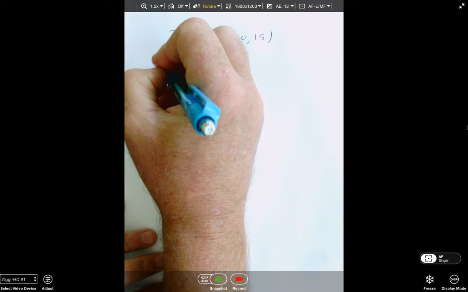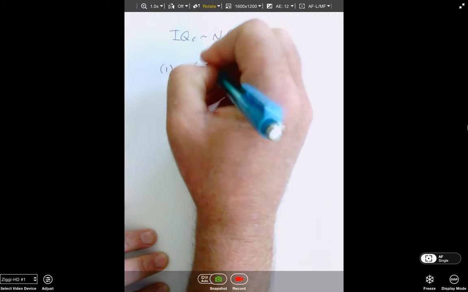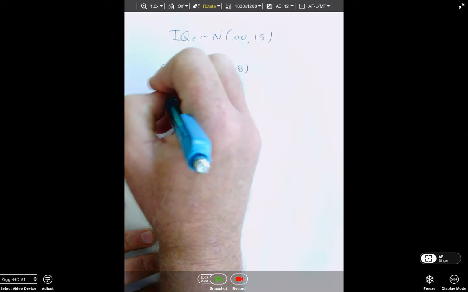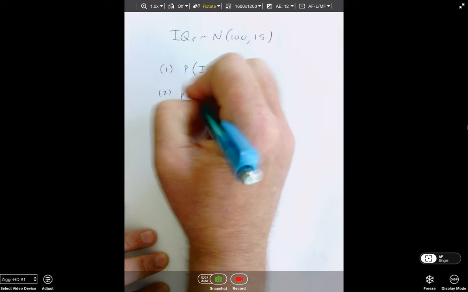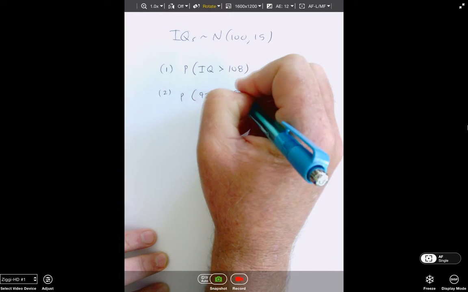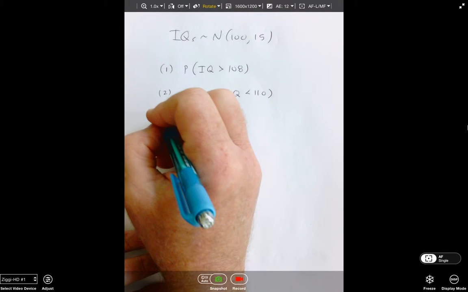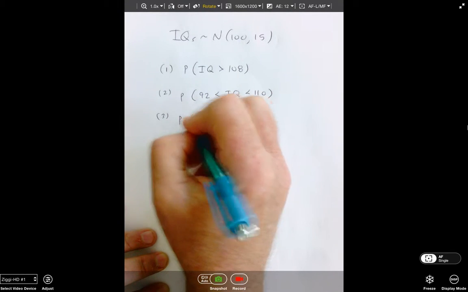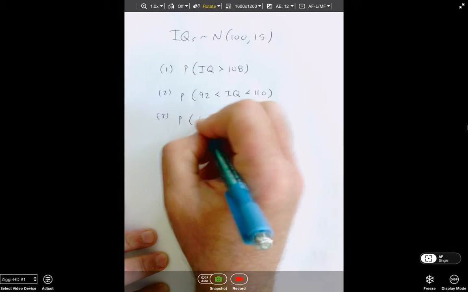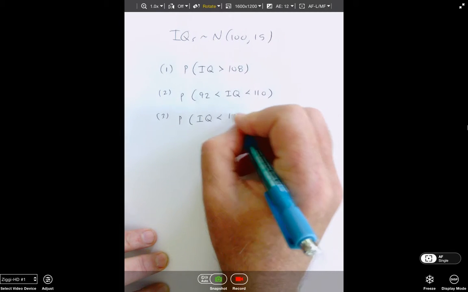First of all, what's the probability that an IQ is greater than 108? What's the probability that we get an IQ between 92 and 110? What's the probability that we get an IQ less than 120?